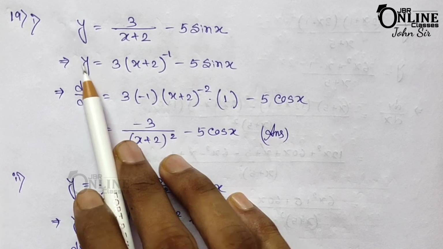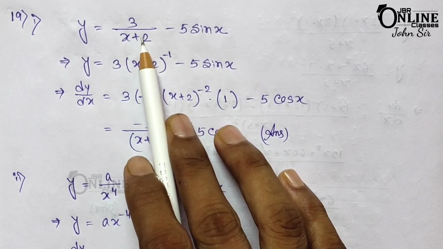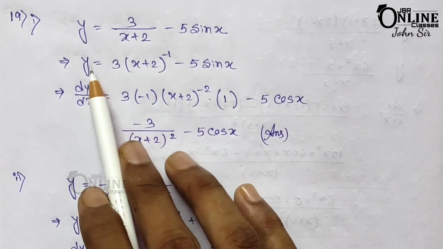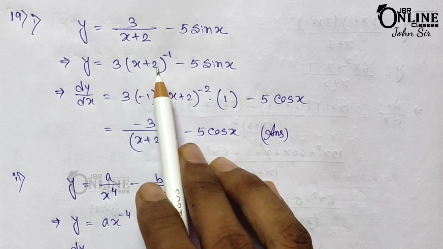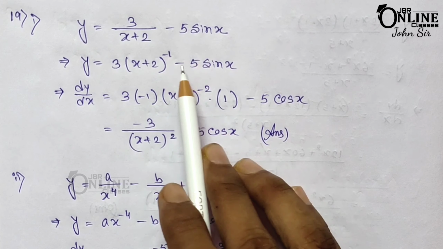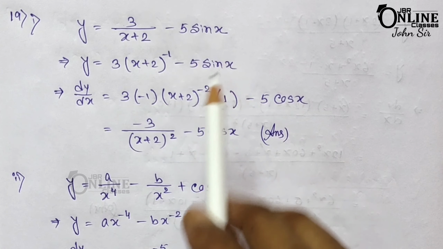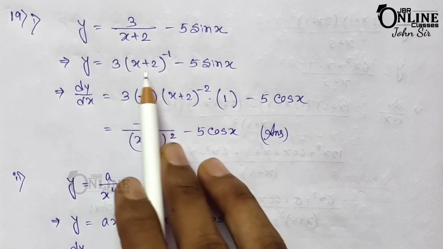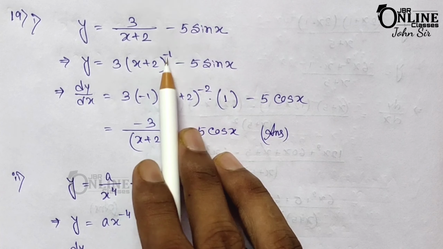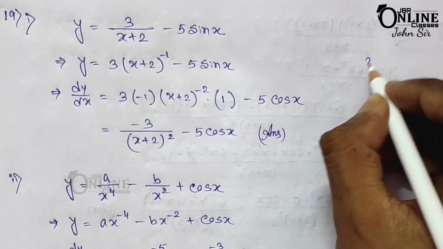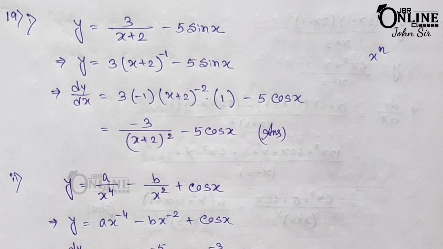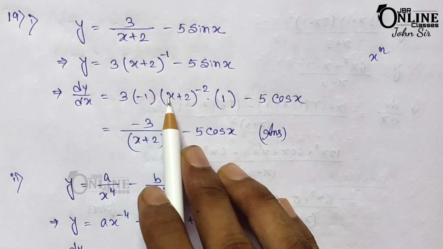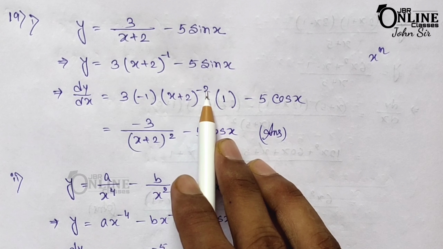Now sum number 19. Here the given function is 3 by x plus 2 minus 5 sin x. So first let this one be y. So y equals 3 into x plus 2 whole to the power minus 1 minus 5 sin x. Now differentiate with respect to x. So here 3, then x plus 2 to the power minus 1. You can treat it with the x to the power n formula. You know that it is n into x to the power n minus 1. So here minus 1, then x plus 2 to the power minus 2.